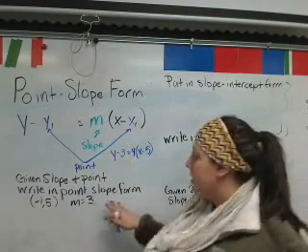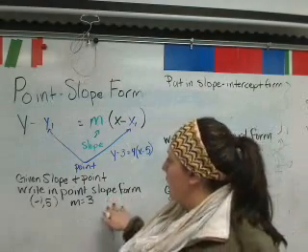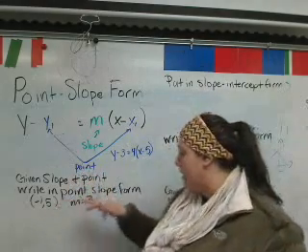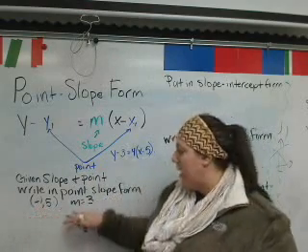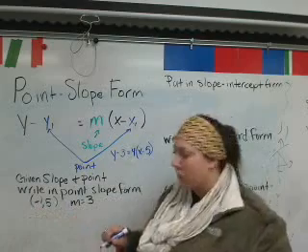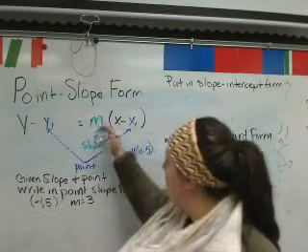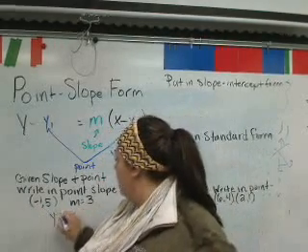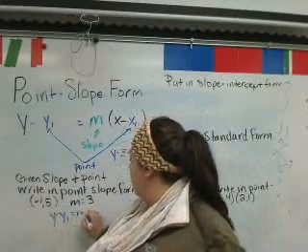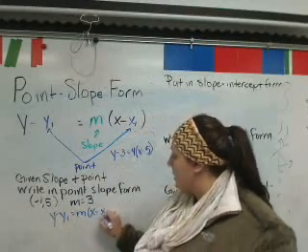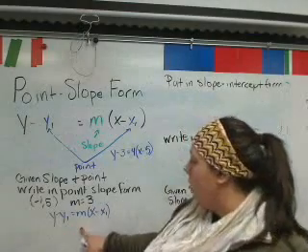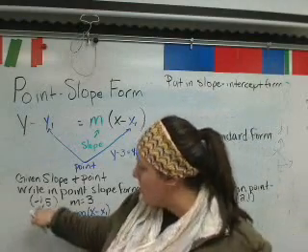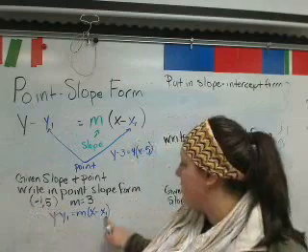So for this question, we're given the slope and a point. Write in point-slope form. Our point is -1, 5, and our slope is 3. If we know our point-slope form is y minus y1 equals m times x minus x1, we know our m is 3, and our x value is -1 and our y value is 5.